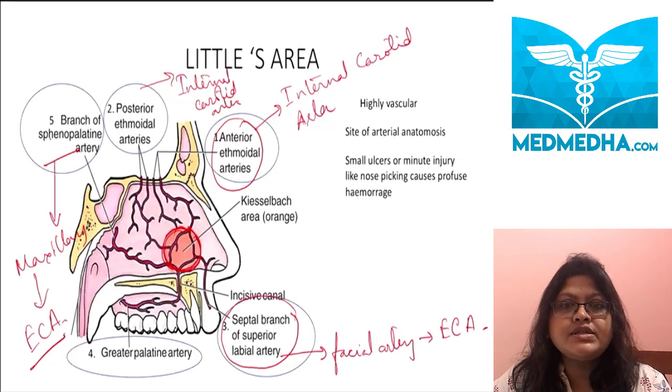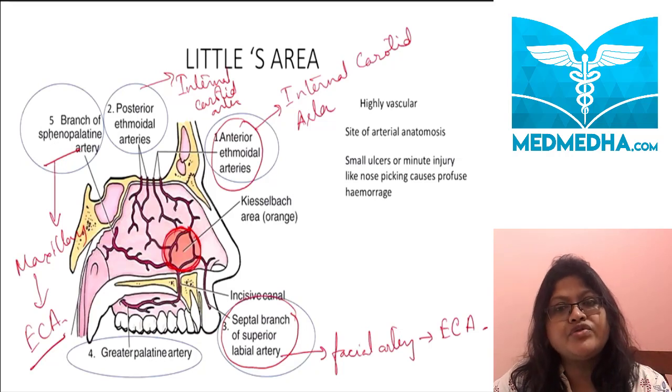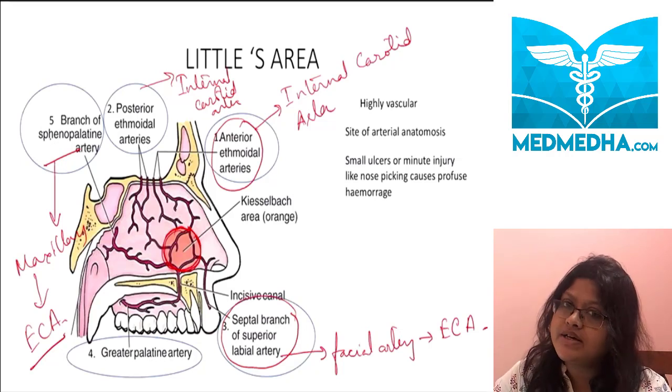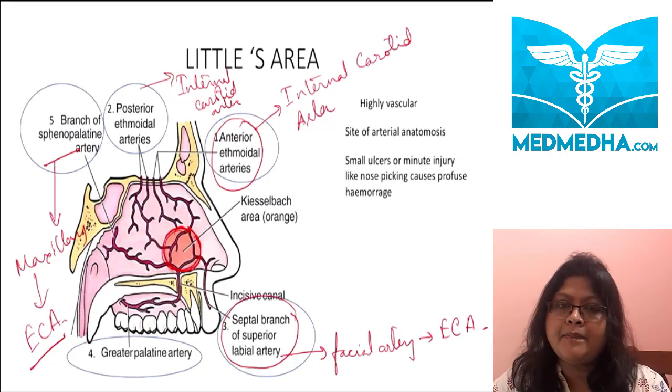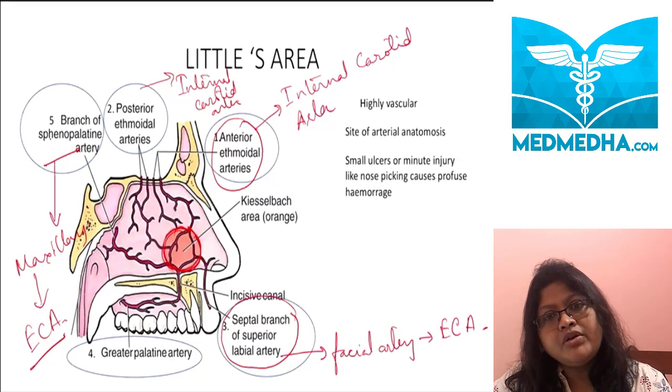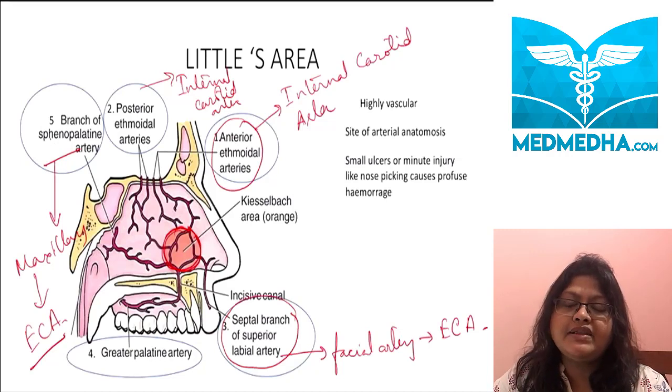The anastomosis is between the anterior and the posterior ethmoidal arteries, branch of the ophthalmic artery, branch of internal carotid artery, which is supplying the superior part of the nasal septum. The posterior inferior and the anteroinferior part of the nasal septum is supplied by the facial artery and the sphenopalatine artery.